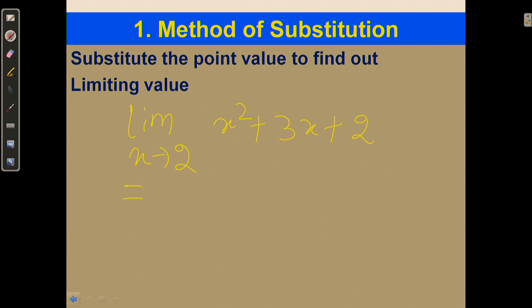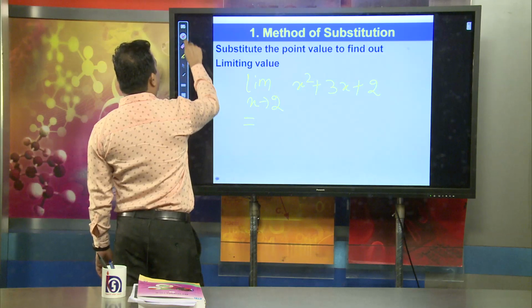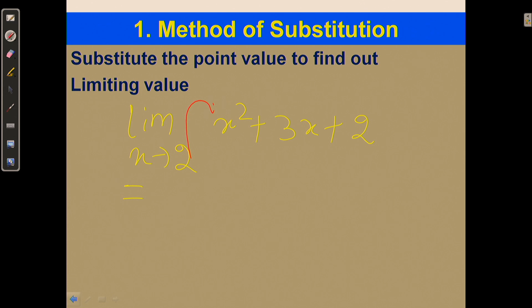Now, limit x tends to 2, that means we simply substitute the value 2 for x. So, 2 whole square plus 3 into 2 plus 2, that means 4 plus 6 plus 2, the result will be 12.